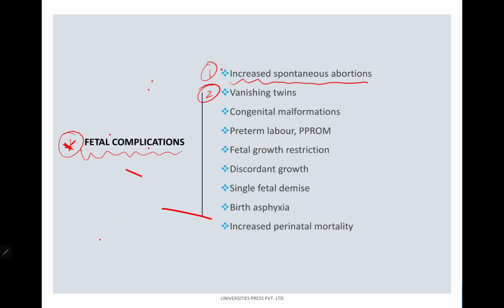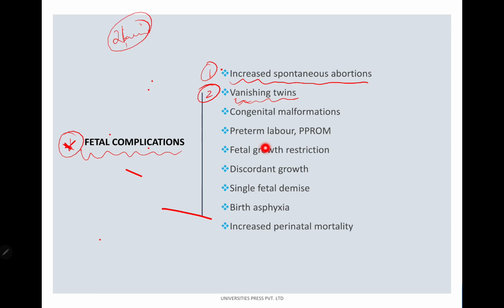The second one is something known as vanishing twin. So what is this vanishing twin, guys? Vanishing twin syndrome, that is what we say. Suppose there is a set of twins, or any multiple embryos.